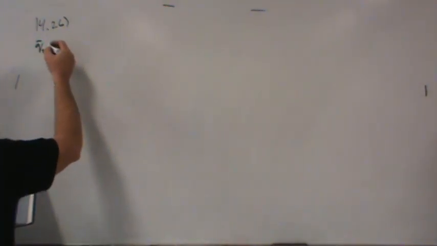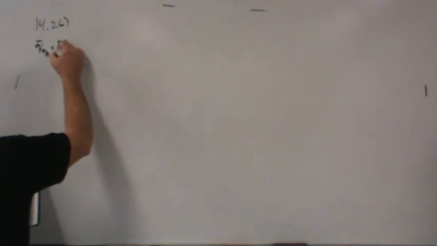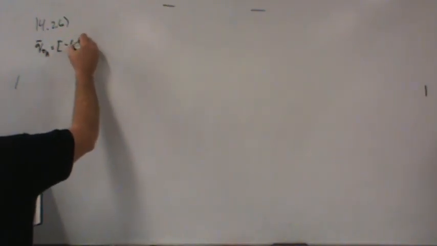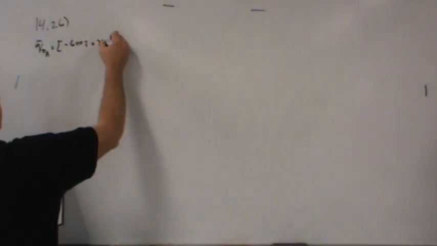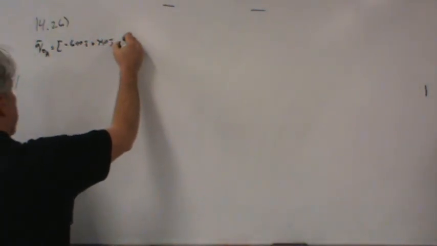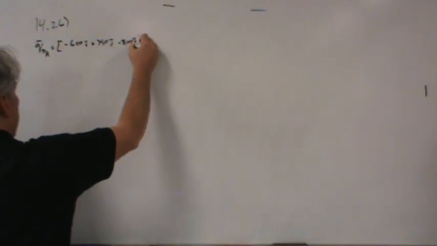The initial velocity of A is negative 600I plus 750J minus 800K meters per second.